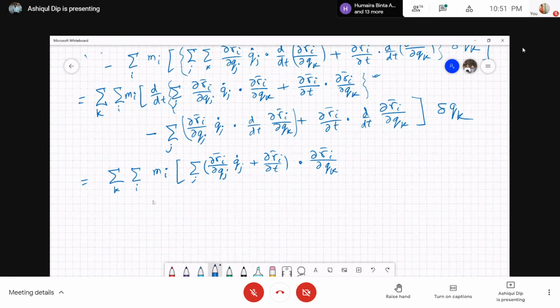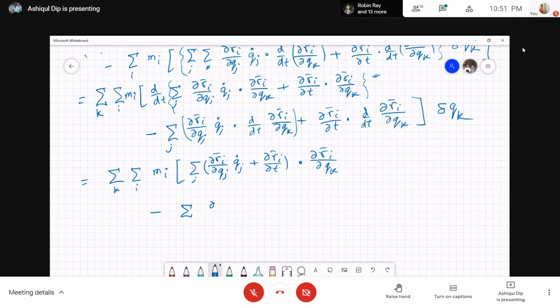Okay, so for the second term, we have negative, that mi is already factored out. So sum over j, we're actually trying to factor out some similar thing out of here. So the similar thing is here, ddt of something, right? That thing we are going to take as a factor, like factoring out of this whole thing. So we can write it like that.